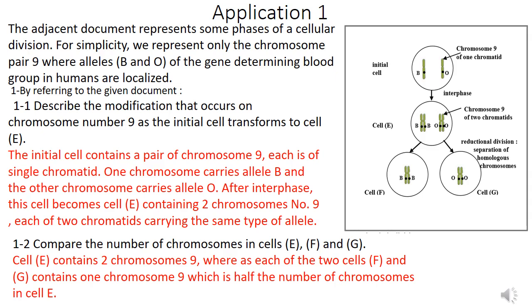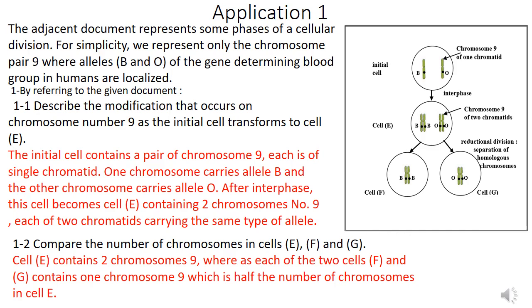Okay, let's move to the second question. Compare the number of chromosomes in cells E, F, and G. Just look at the cells E, F, and G and compare the number. The cell E contains 2 chromosomes number 9. Is it the same as in cells F and G?